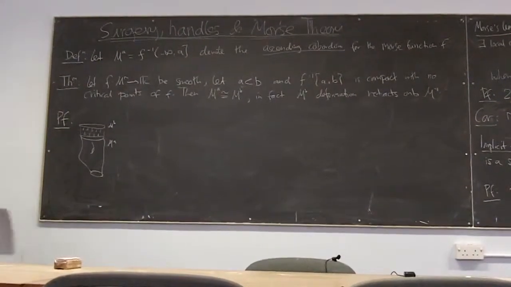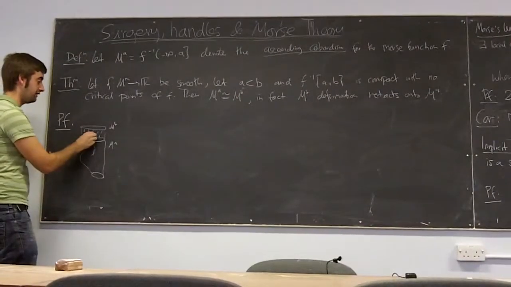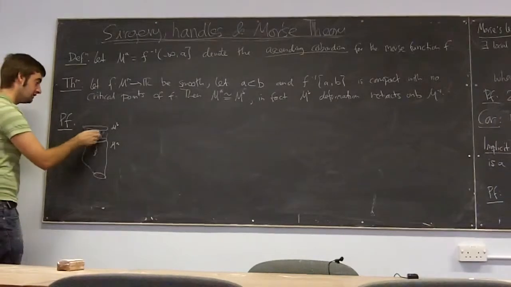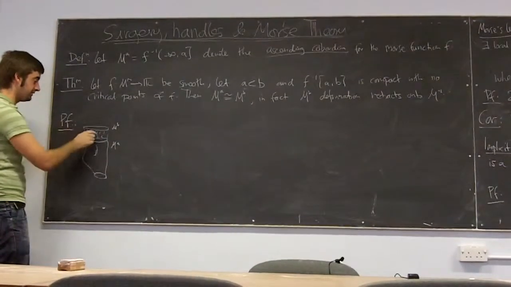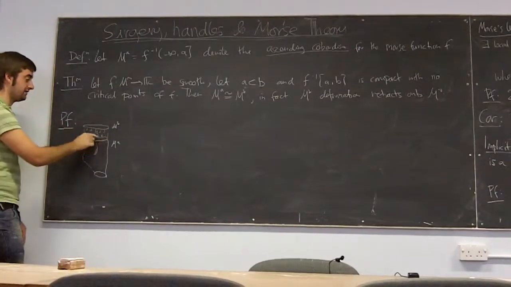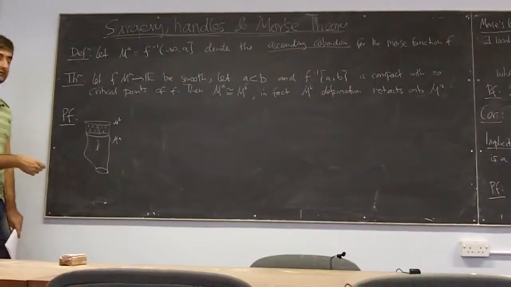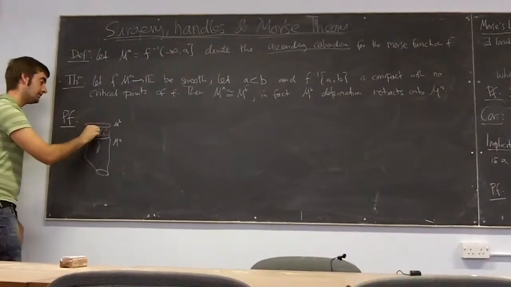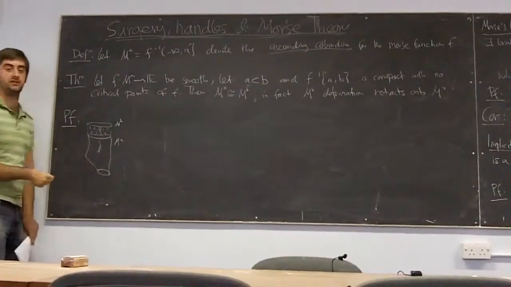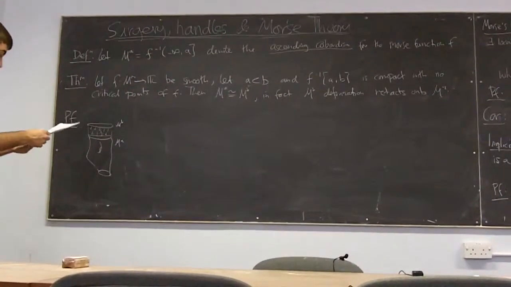Now, the reason why compactness is really important is just suppose you have a little hole in this, so it's no longer complete, I suppose. You're going to get a problem when you try to deformation retract this because of this missing point. So you absolutely need compactness for this argument to work, because you'll get these curves hitting this point, and then you can't go any further. So compactness is important.